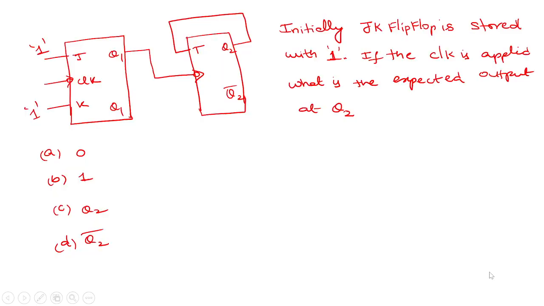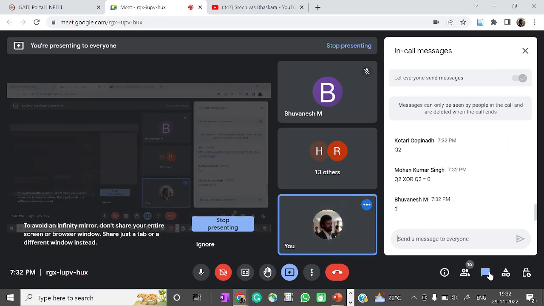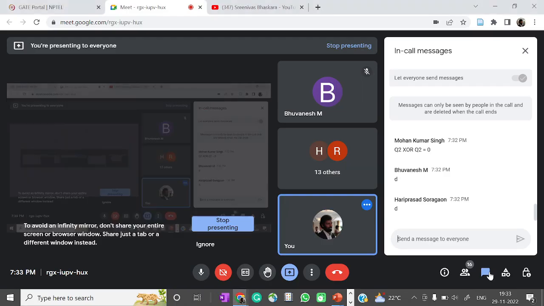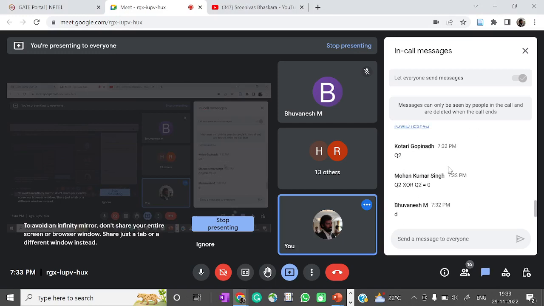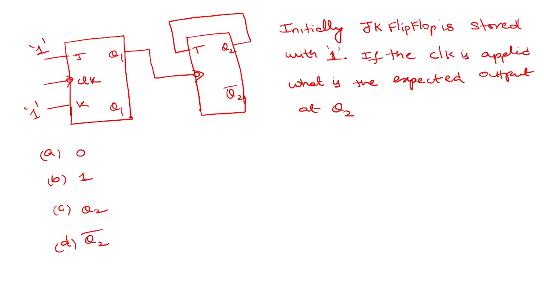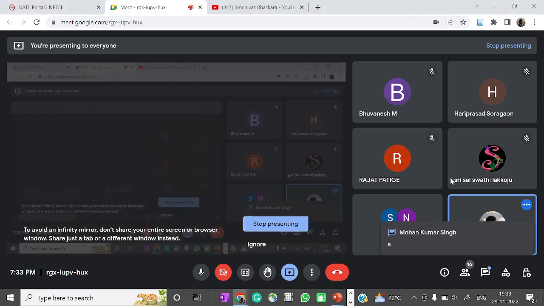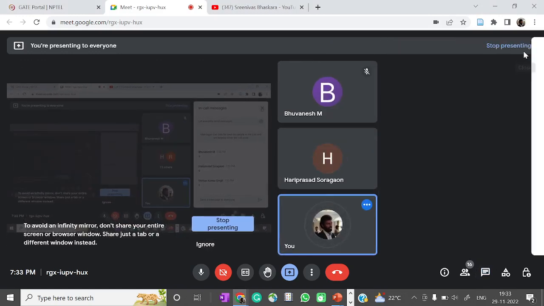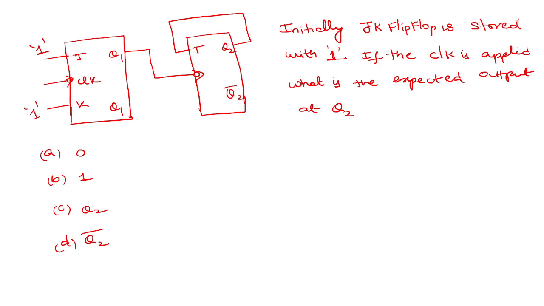Okay, which option? A, B, C, D? Option A, okay, fine.